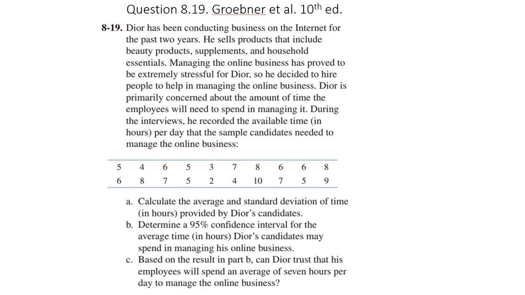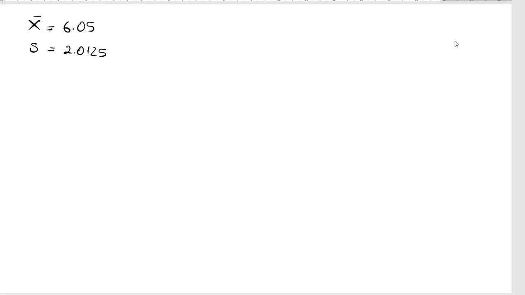If I go back to the question, part B says determine a 95% confidence interval for the average time in hours your candidate may spend in managing his online business. Okay, I'm looking for a 95% confidence interval.